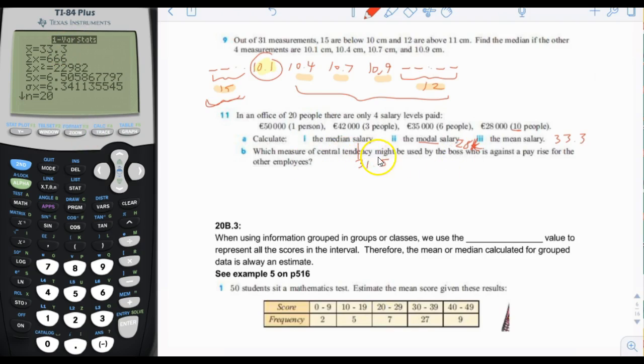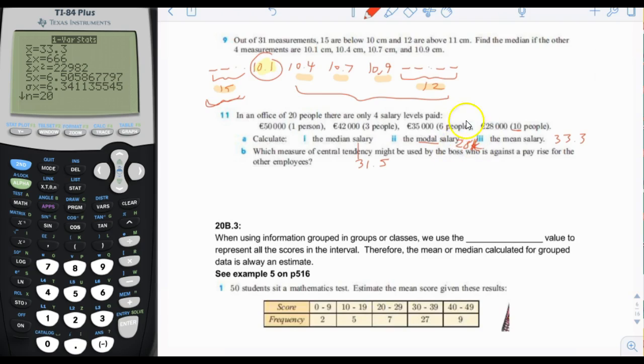So which of these measures of central tendency might be used by a boss who is against a pay rise for the other employees? He probably wants to make it sound like the middle, central, typical salary is kind of low, so that it looks like your salary is pretty good.